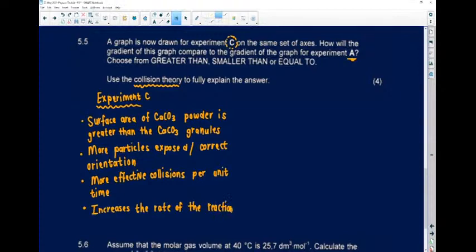You could have made experiment A the subject of the formula. And then you talk about the differences in between experiment A and C. So we could have said for experiment A, the surface area of the CaCO3 granules is smaller.